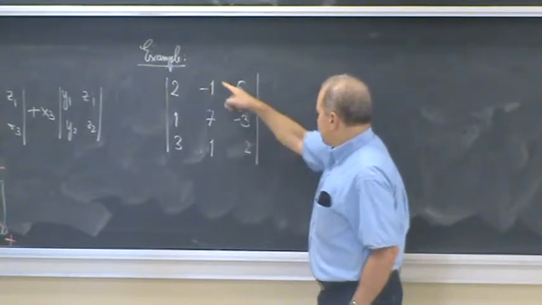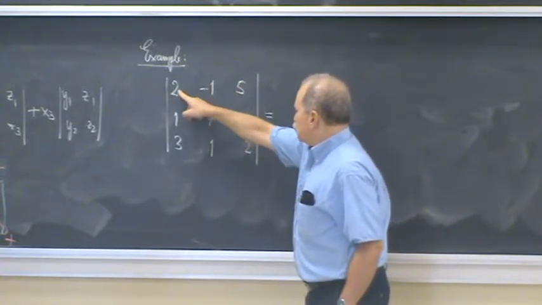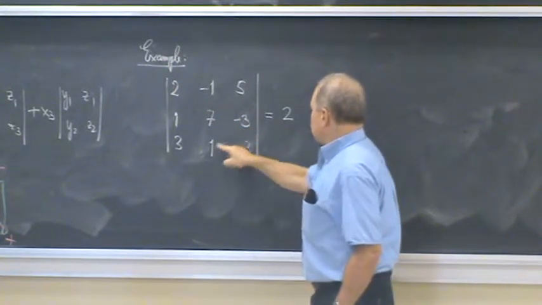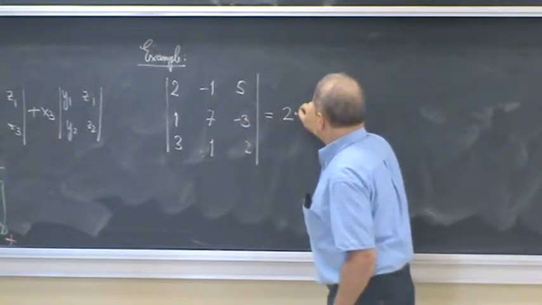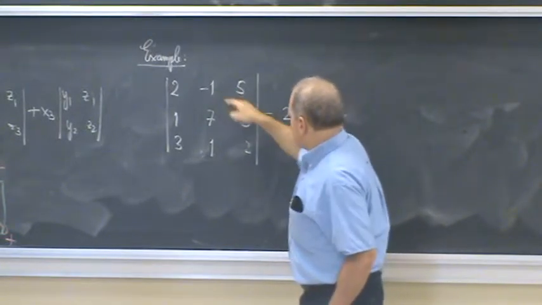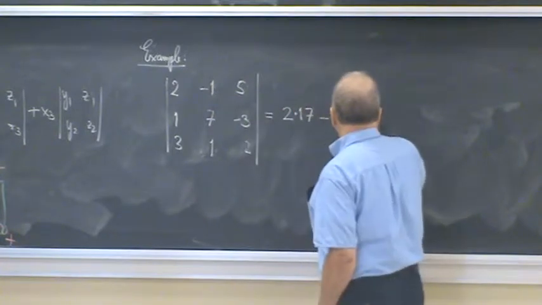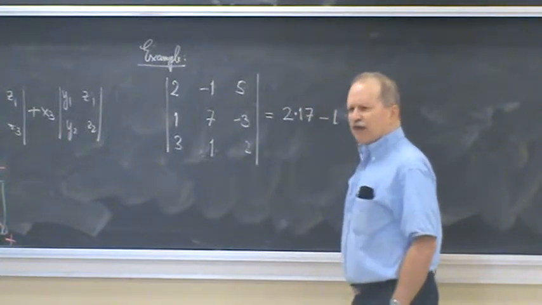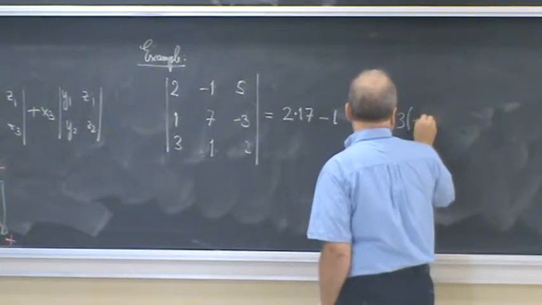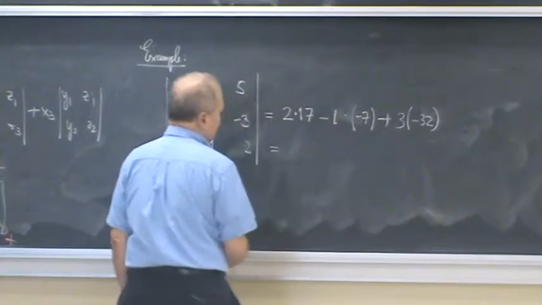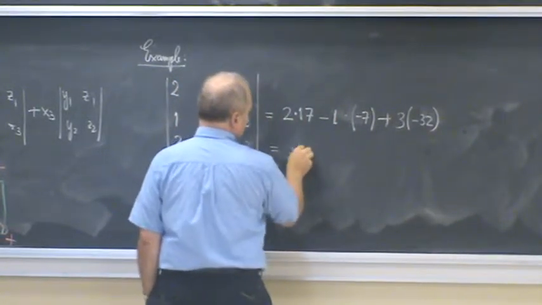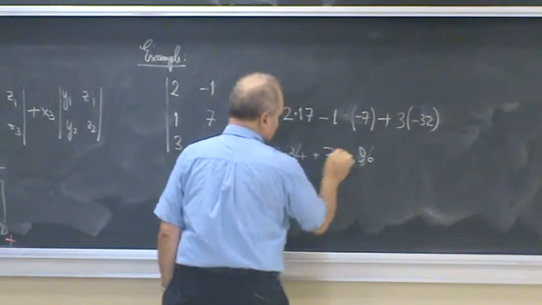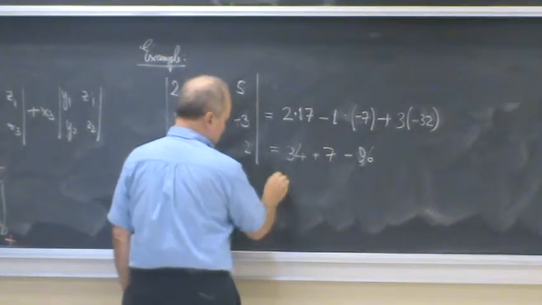So you're doing this, or you could do 2 times this determinant, right? You could do 14 plus 3, minus 1 times this determinant, negative 2 minus 5, plus 3 times 3 minus 35, and then you have horrendous arithmetic to do. 96, what is that? 41 minus 96.